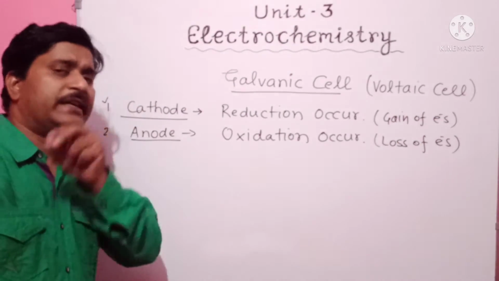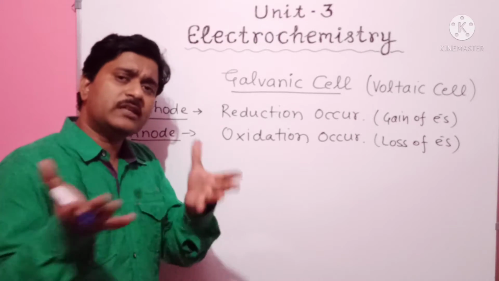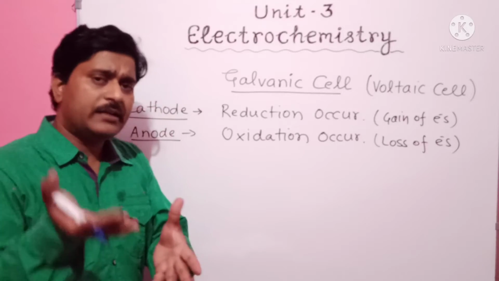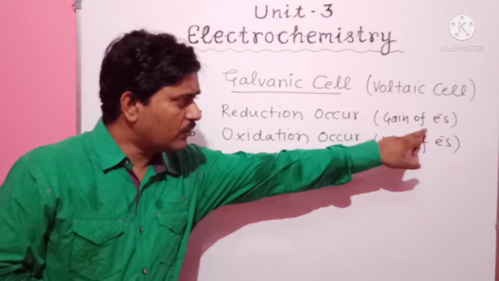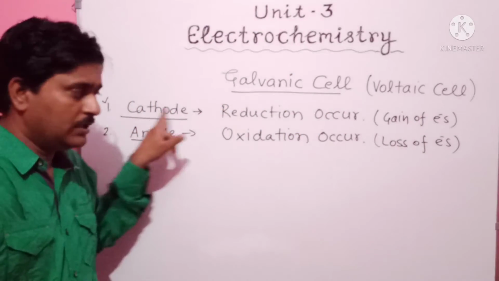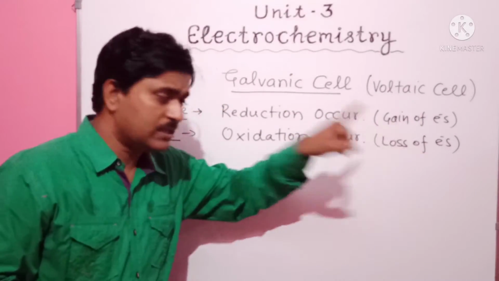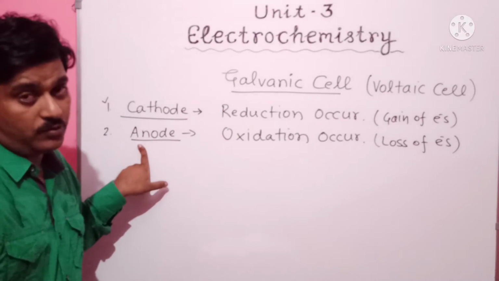So you have to find the electrodes where electrons are lost or gained. If gain of electrons occurs at an electrode, that is the cathode. If loss of electrons occurs at an electrode, that is the anode.